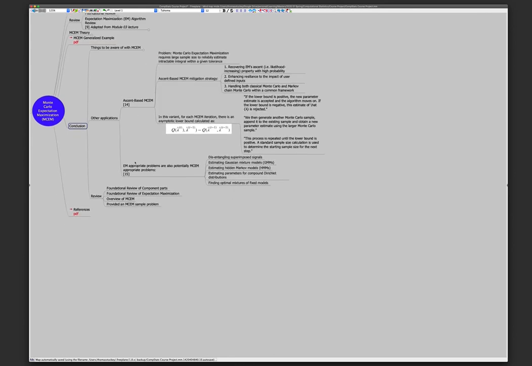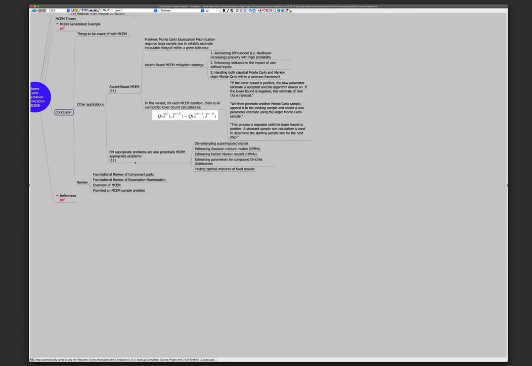Some other potential applications of this. We've got ascent-based MCEM, which attempts to optimize the overall process by making sure we're always going in the same direction. Sounds very similar to our ascent-based algorithm early in the class as well. And I've got some samplings here from what that looks like in a formal sense.